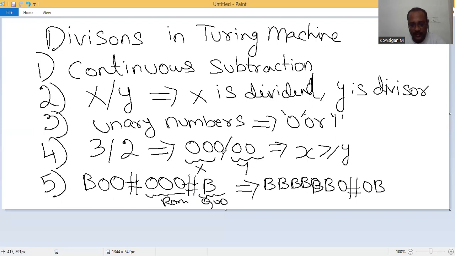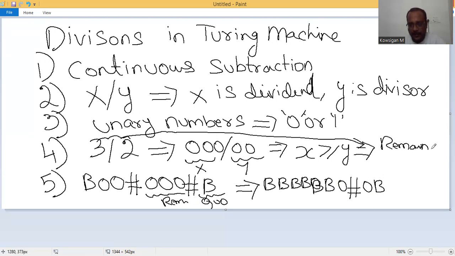We know that 3 divided by 2, what will be the remainder and what will be the quotient? The remainder will be 1 and the quotient will also be 1. So this part is the remainder and this is the quotient.